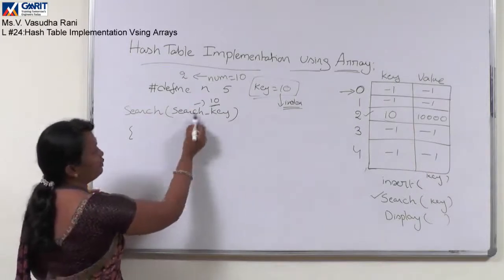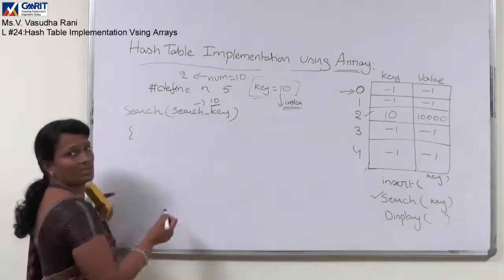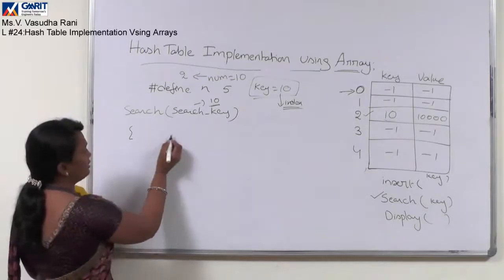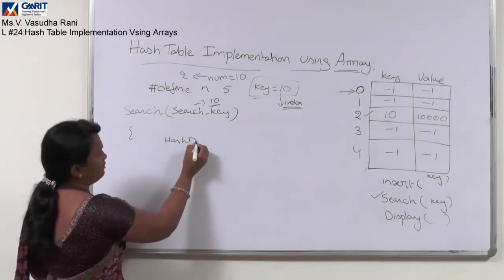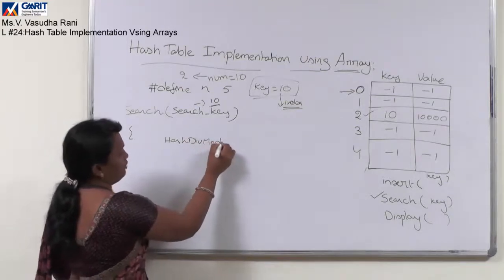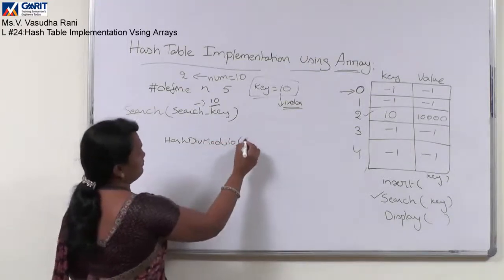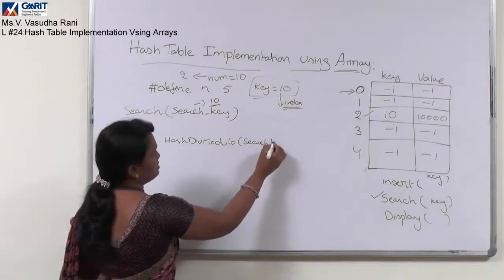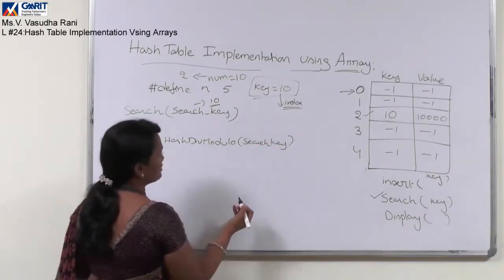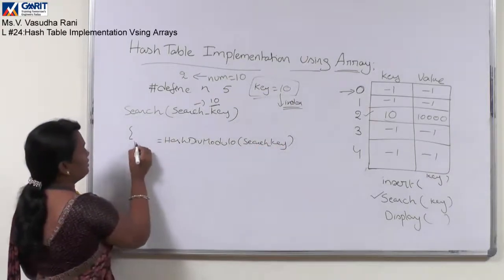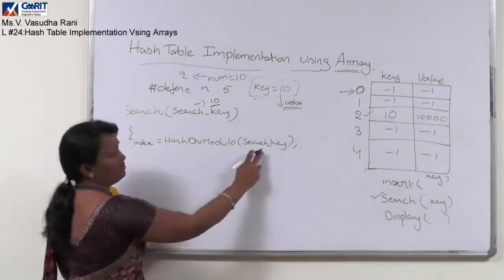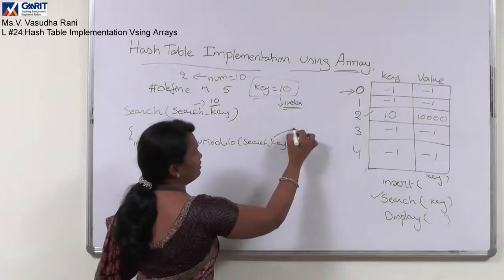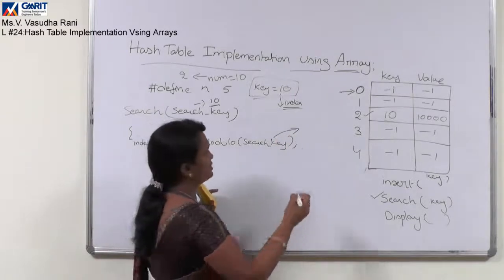So for this search key we have to call our hash division modulo method, passing this search key. It will return the index. What is the definition for it?